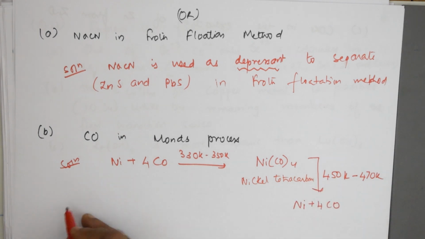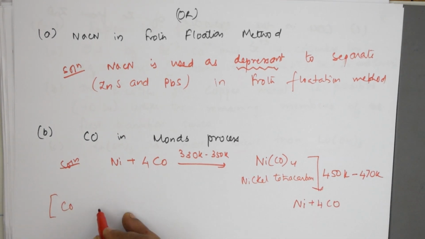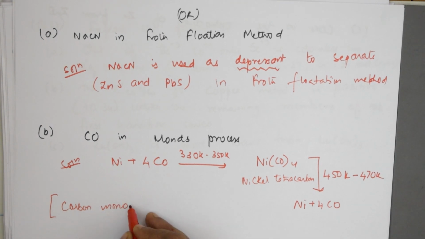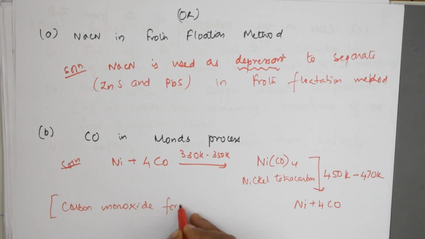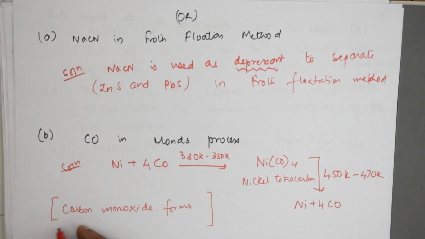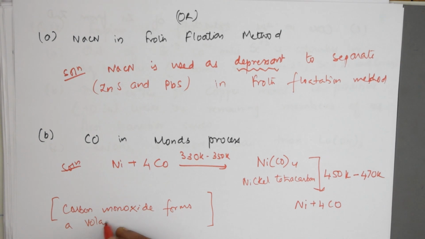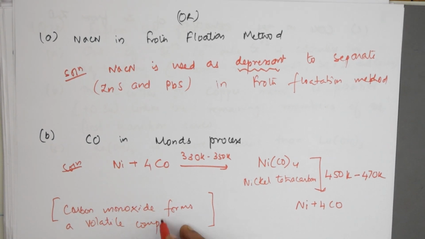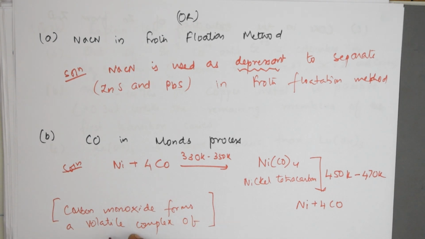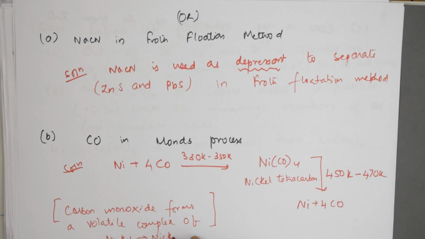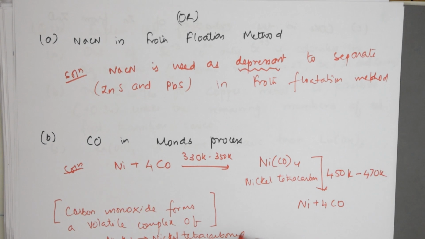Carbon monoxide forms a volatile complex of nickel, and this is called nickel tetracarbonyl. That is its role.